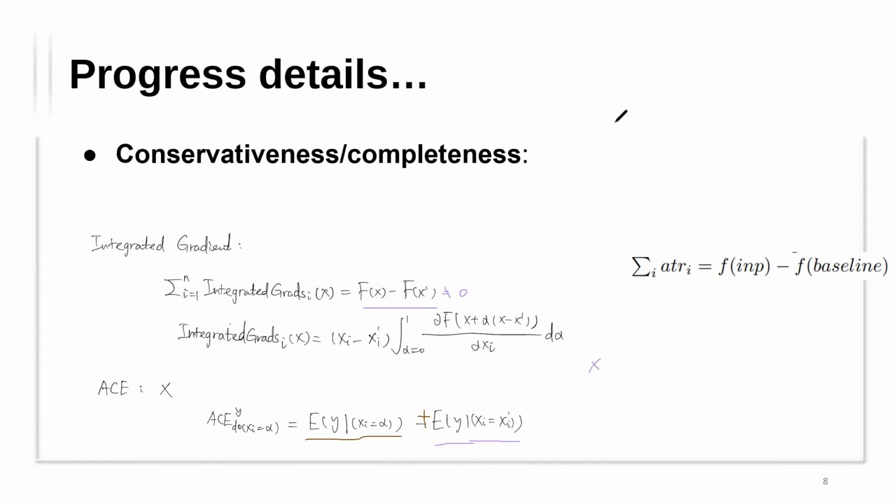Suppose there is xi, this dimension xi, and this another dimension xj. And xi equals alpha, xj equals xi prime, the baseline, let's say b. And we can also control the xj, right?